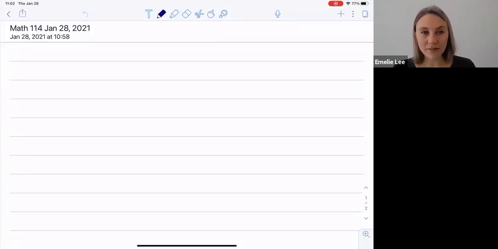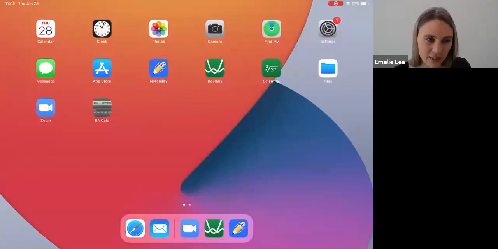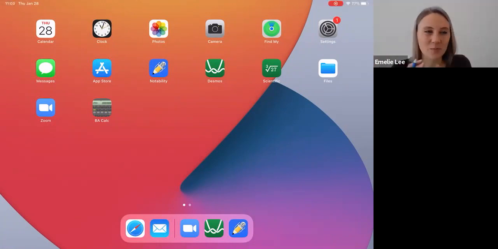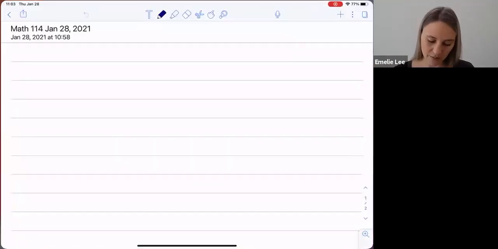So if you haven't downloaded the Desmos Graphing App, that's the little green app with the parabola and the sine curve. That's Desmos, right? So I'm going to be graphing in Desmos quite a bit, and we've been using it to check our work when we're finding those solutions.